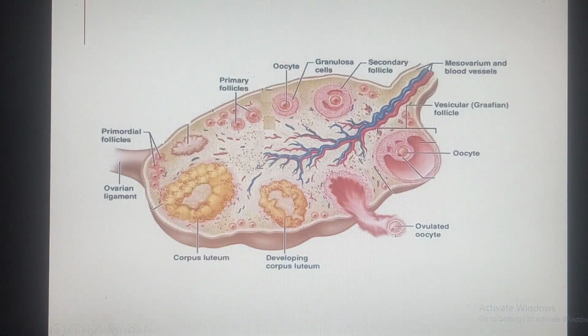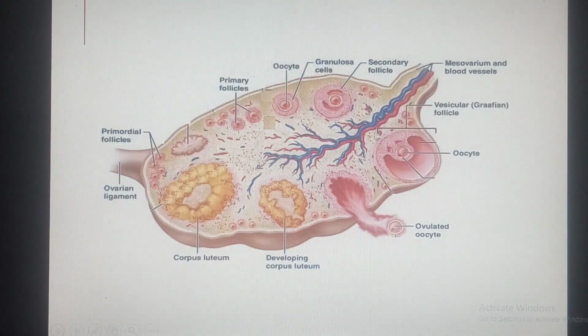But remember that out of the 20 or so that we have, only one will emerge as the Graafian follicle. The rest will die on their way, and they will be referred to as atretic follicles. You can see atretic follicles in the primordial follicle, in the primary, secondary, wherever.